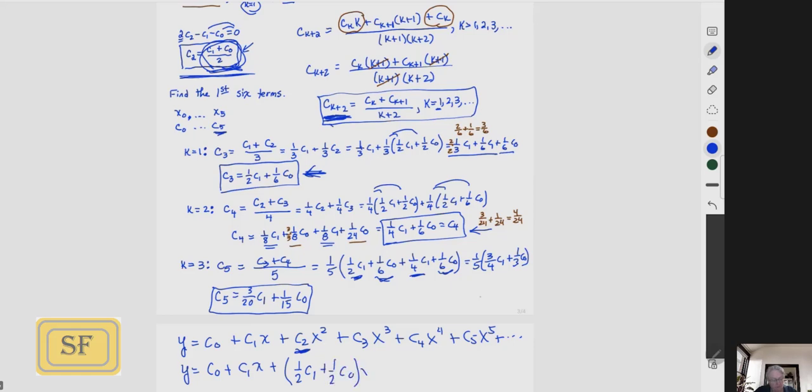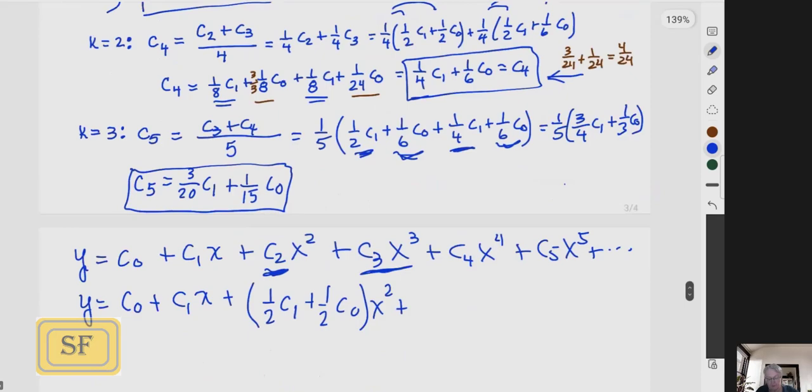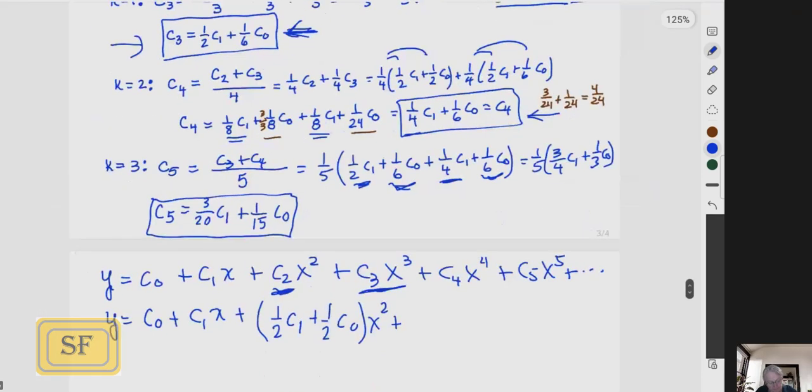That's my x squared. And then for my C3, we have 1/2 C1 plus 1/6 C0. That's my x to the third.